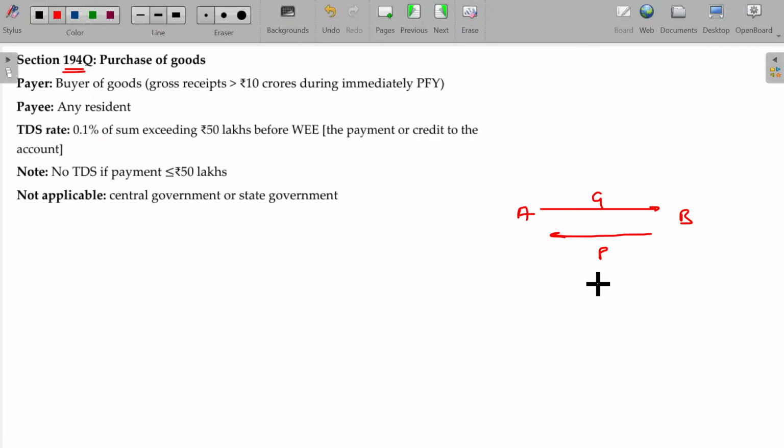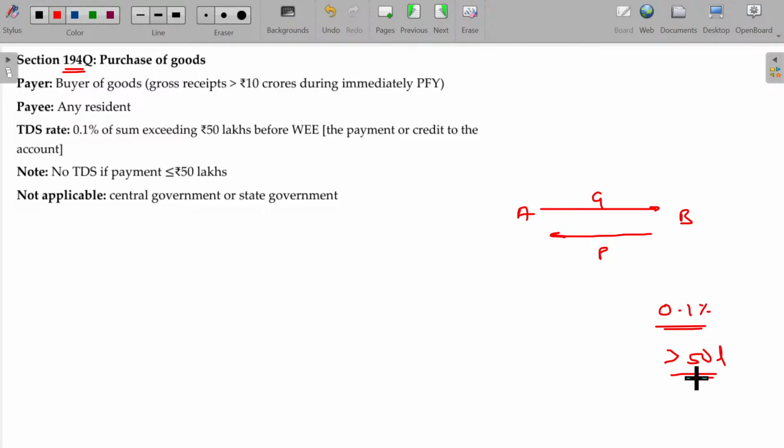In this case, if the payment exceeds 50 lakhs, then TDS will be applicable at 0.1%. If I calculate 0.1% for 1 crore, what is the TDS applicable?